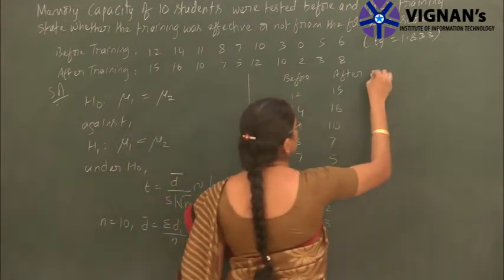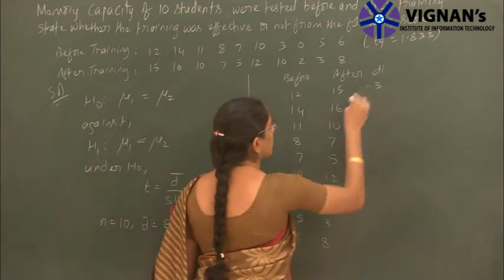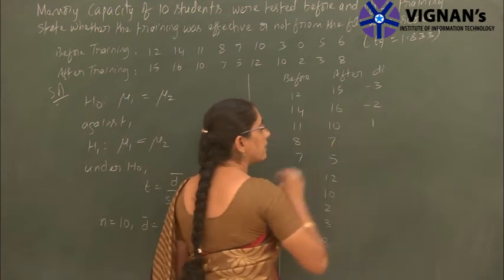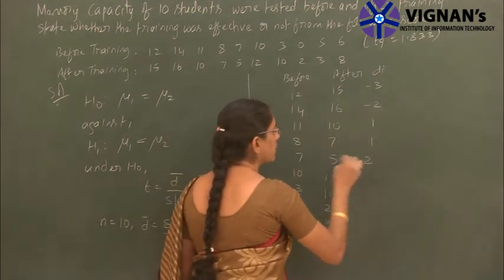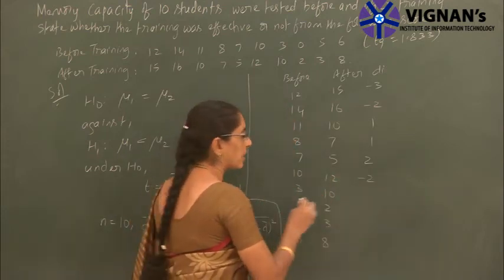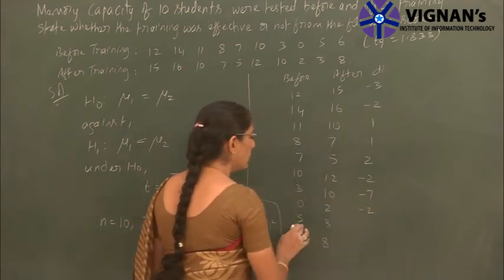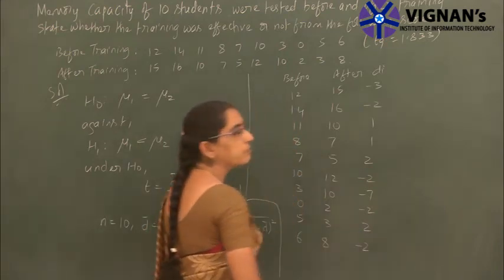Now see the differences Di. 12 minus 15 is minus 3, 14 minus 16 is minus 2, 11 minus 10 is 1, 8 minus 7 is again 1, 7 minus 5 is 2, 10 minus 12 is minus 2, 3 minus 10 is minus 7, 0 minus 2 is minus 2, 5 minus 3 is 2 and 6 minus 8 is minus 2.